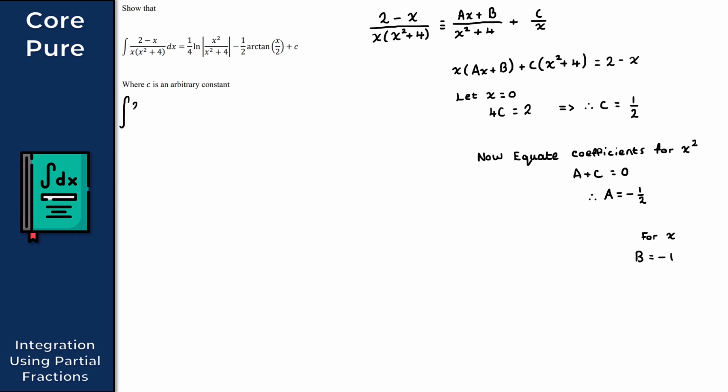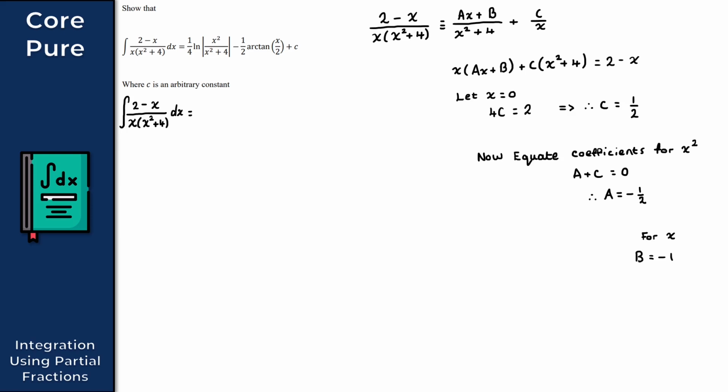So the integral of 2 minus x all over x times x squared plus 4 with respect to x. So in this case here then, using our partial fraction decomposition where we find the values of a, b, and c, as you can see here, what I'm going to do to begin with then is rewrite this fraction. I'm going to split this up into 2 fractions. Okay. I'm also going to apply linearity here.